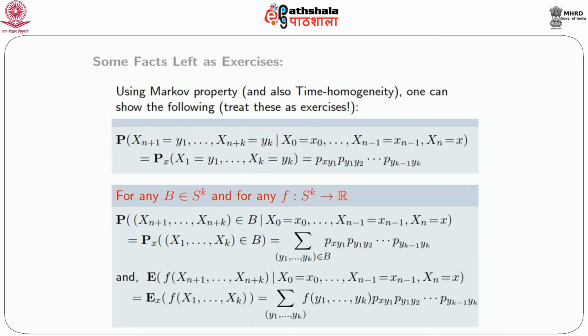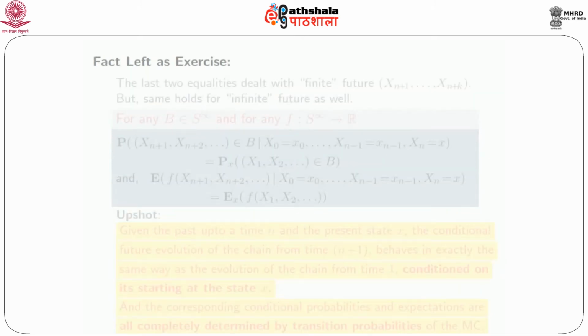And similarly for any function f on S^k to R, if you look at this random variable f of Xn+1 etc. Xn+k, it's a random variable that depends on the next k states of the Markov chain after time n. So the conditional expectation of that, given the past history up to time n, is just as if you started the Markov chain at x and asked what's the expectation of f of X1, X2, Xk.